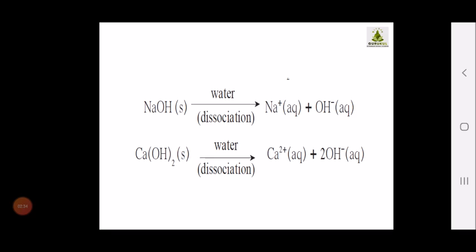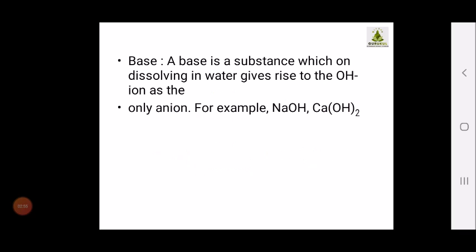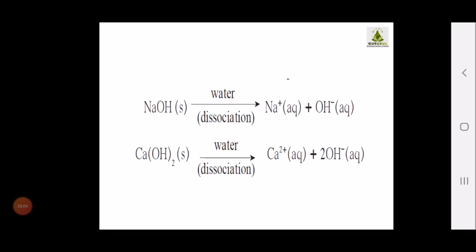When you dissolve NaOH, sodium hydroxide, in water, you get Na+ and OH-. So here the OH- is negative. Then Ca(OH)2 gives Ca2+ and OH-. Just compare: it gives rise to OH- ion as the only anion, and that is known as a base.